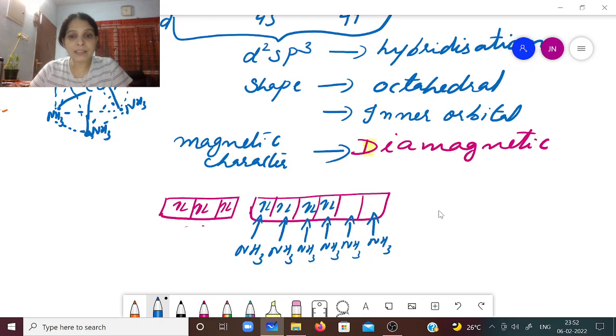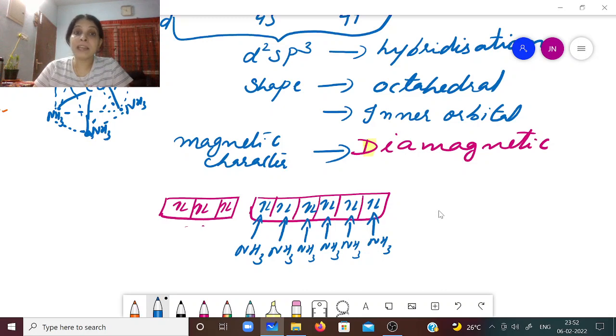Cobalt could accept this many electrons because cobalt is present in the d block. It's a transition element. So surely it will have empty d orbitals. That is why coordination compounds are mainly formed by transition elements. So you can understand why.